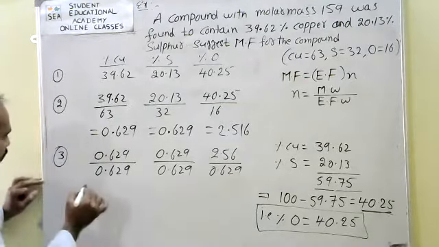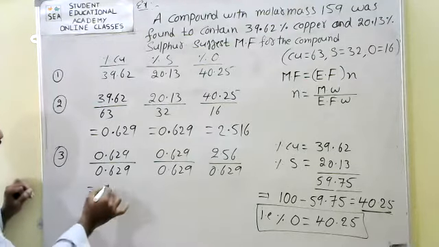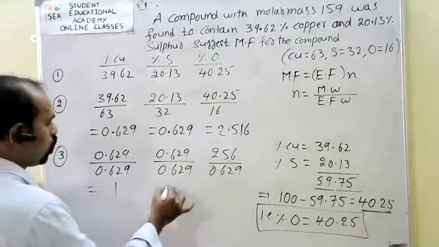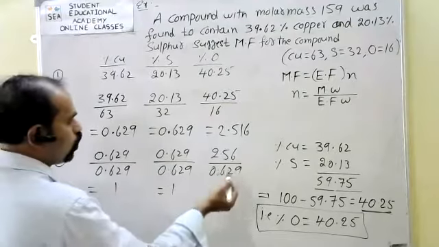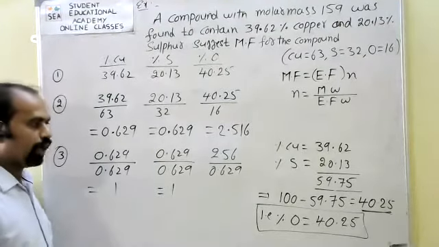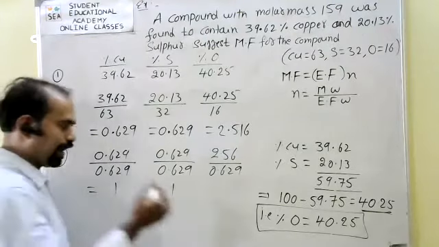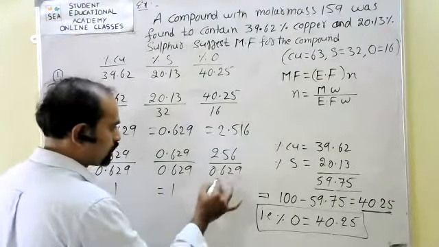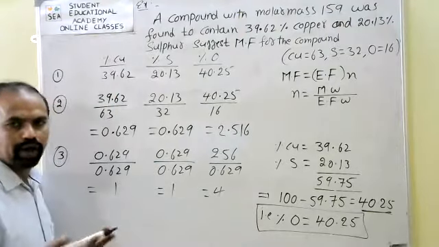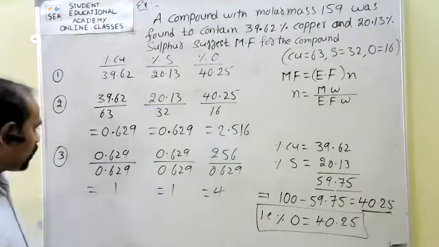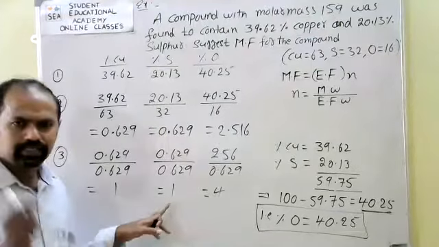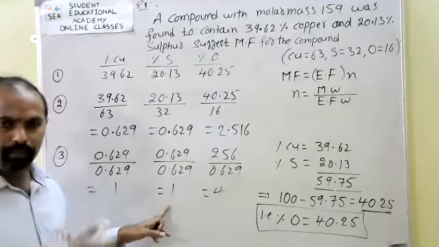We get 1, 1, and for 2.56, it is 4 times, since 0.629 into 4 equals 2.56. So now we get simple whole numbers.